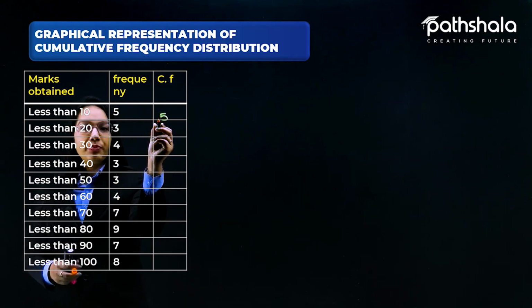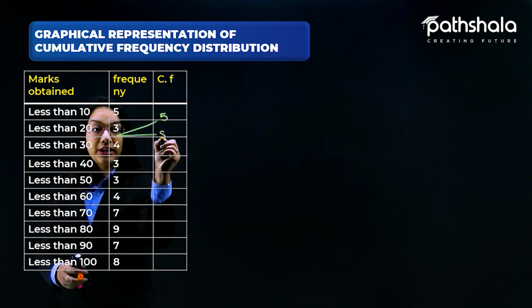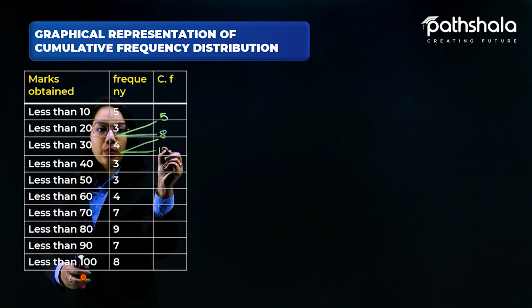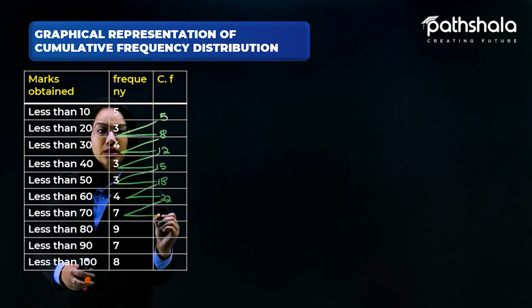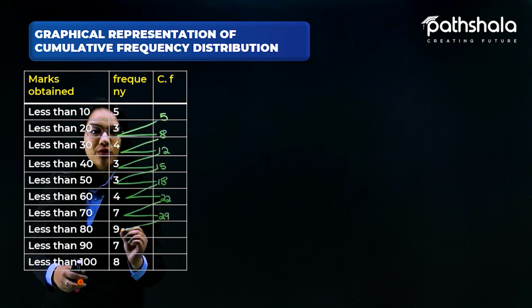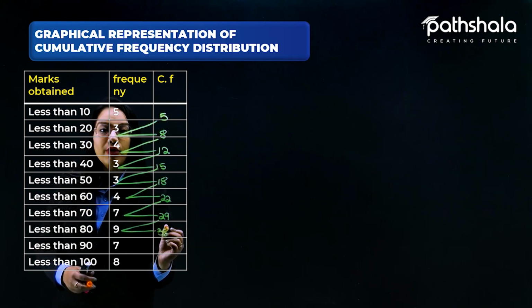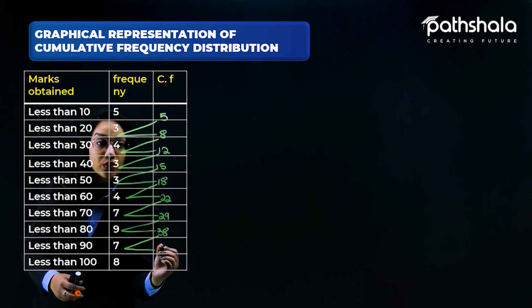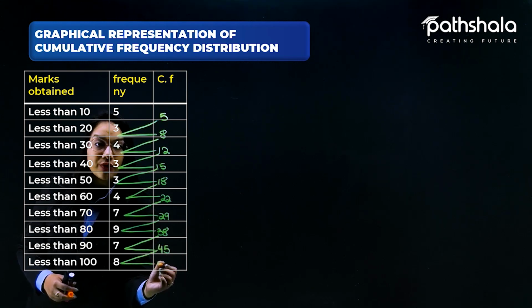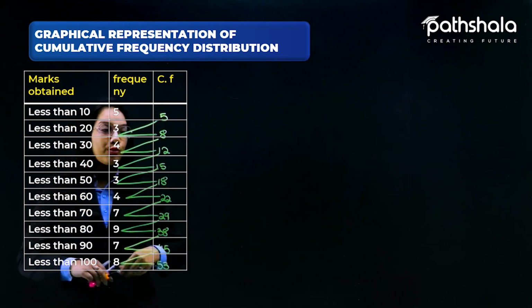The next cumulative frequency for the less than case would be 5 plus 3, which is 8. 8 plus 4 is 12, 12 plus 3 is 15, 15 plus 3 is 18, 18 plus 4 is 22, 22 plus 7 is 29, 29 plus 9 is 38, 38 plus 7 is 45, and 45 plus 8 is 53. So these are their respective cumulative frequencies.